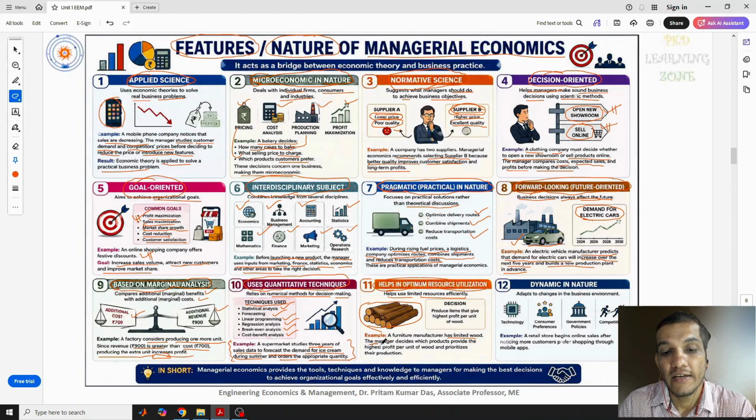That means the manager needs to decide which products can be prepared from this wood, or what new product can be developed, so that they can get more benefit. Small toys and small wooden items can be prepared, so the maximum number of things can be made, and they will get more benefit.